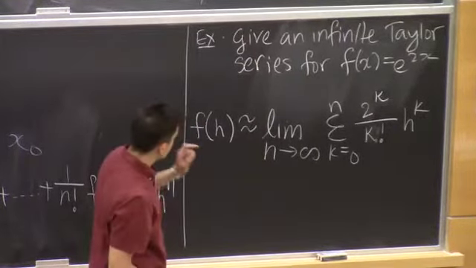So here we can say that this is an equality. Okay. So here we're going to get an approximation because we take finitely many terms, and when we take infinitely many terms, we get equality. Okay, are there questions or thoughts there? Ideas there?